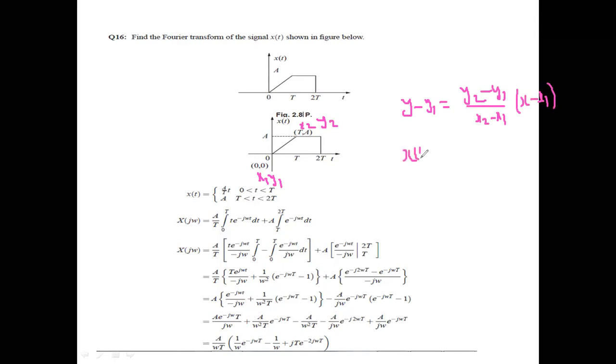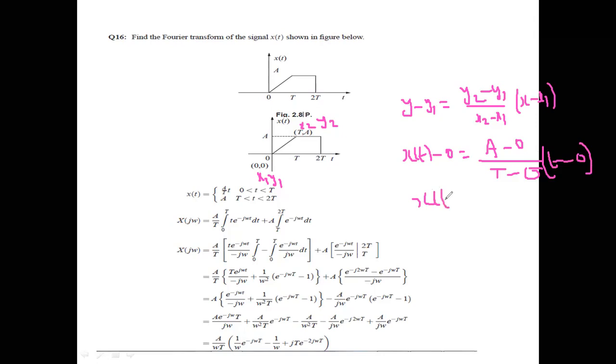Here, y is x of t minus 0, y2 is A, y1 is 0, x2 is T, y1 is 0, and x1 is 0, so the x value is t minus 0.